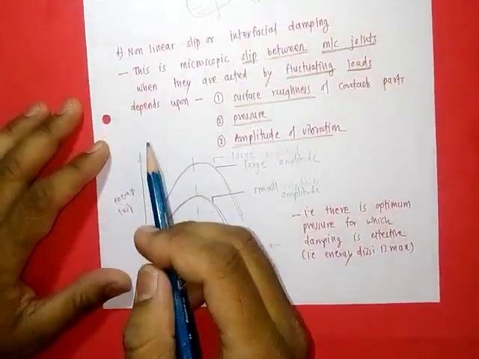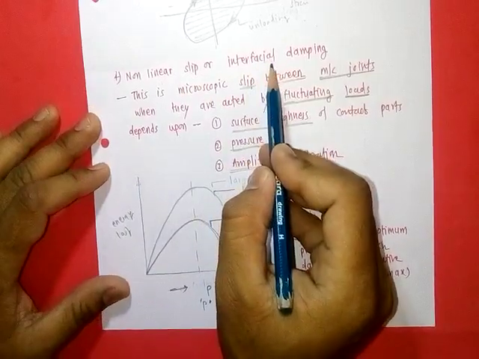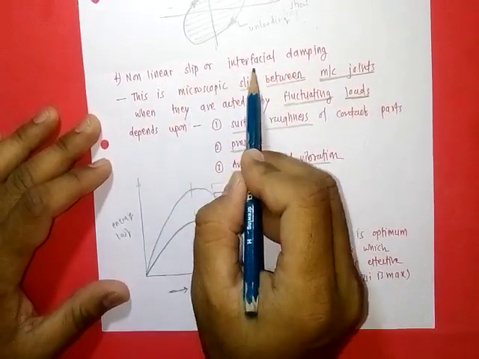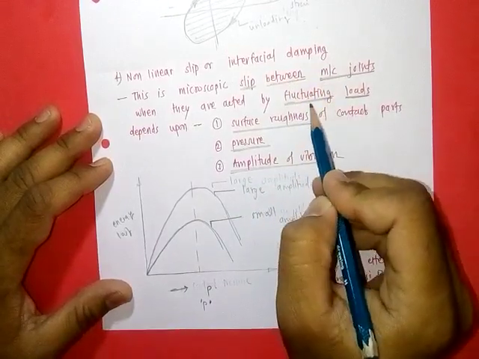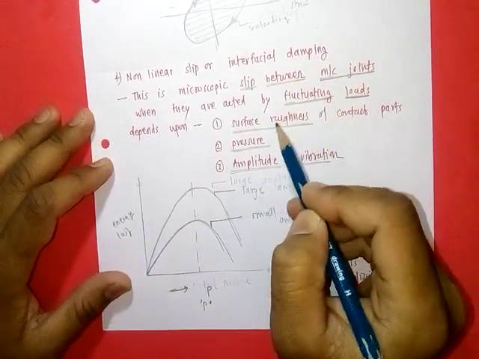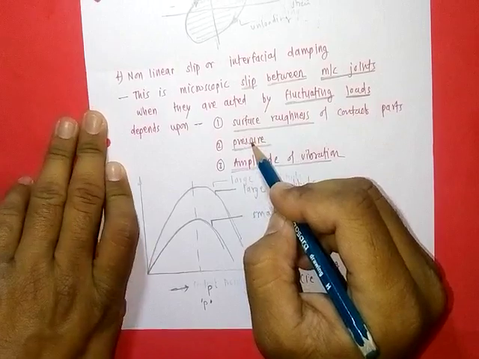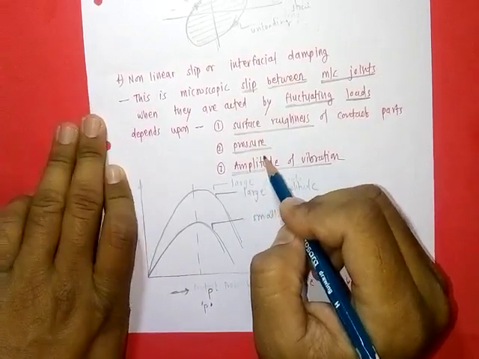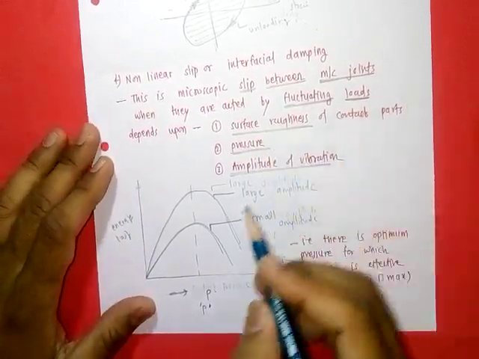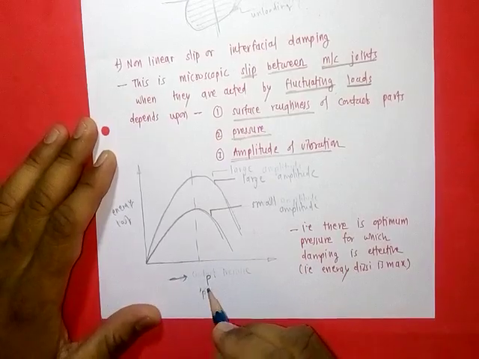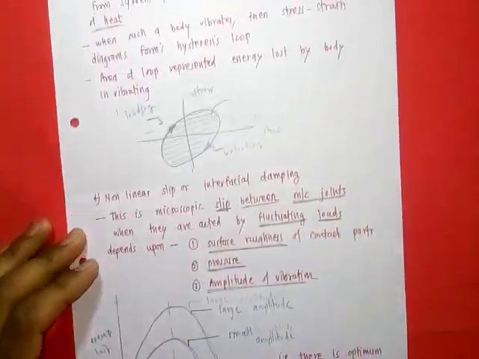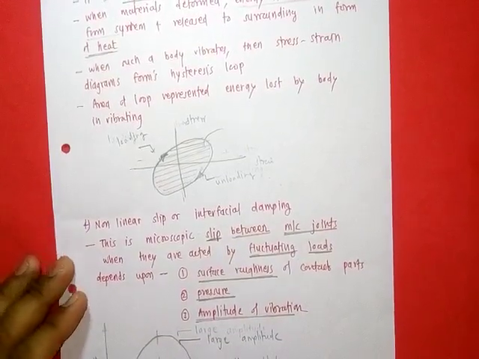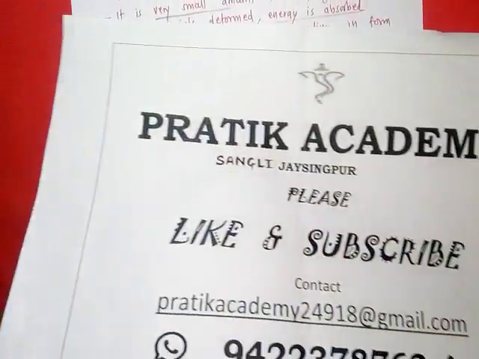Then non-linear slip or interfacial damping, between machine parts due to fluctuating loads. This depends upon surface roughness, pressure, and amplitude of vibrations, and there is one optimum value of pressure at which the energy lost is maximum. So in this video we have seen the types of damping.